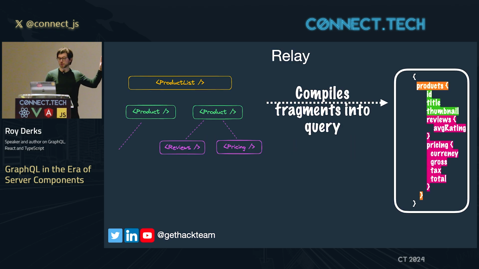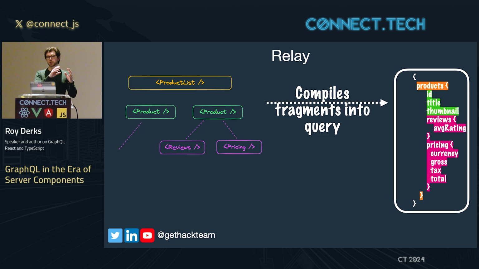So all of these different components, they compile into fragments. If you don't know what a fragment is, look at the GraphQL operation on the left. This is to retrieve products. We're retrieving a subset of fields there, so retrieving ID and title and thumbnail for a product. Then we have a dependency to child fields, one called reviews and another called pricing.